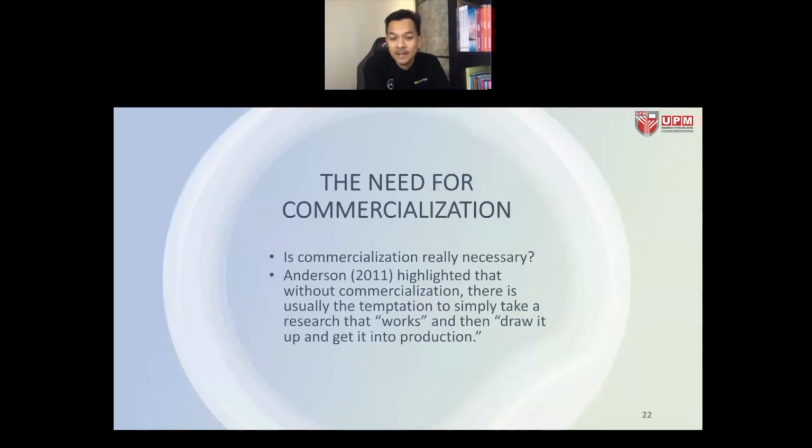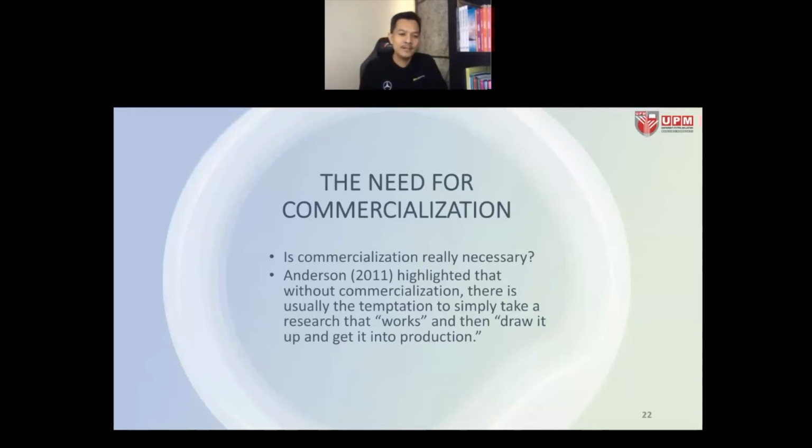As highlighted here by Anderson 2011, without commercialization, there is usually the temptation to simply take a research that works, draw it up and get it into production. So what will happen? Maybe the research that works in the lab may not work in the real environment because it has not gone through the process of commercialization.